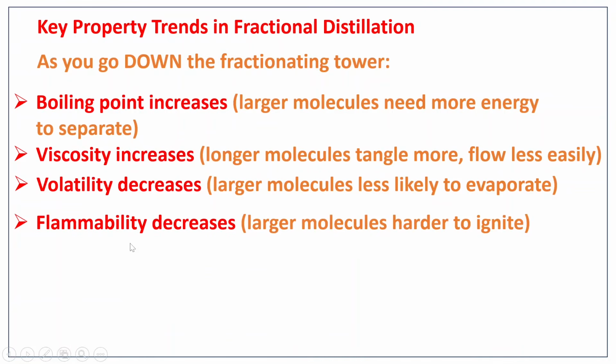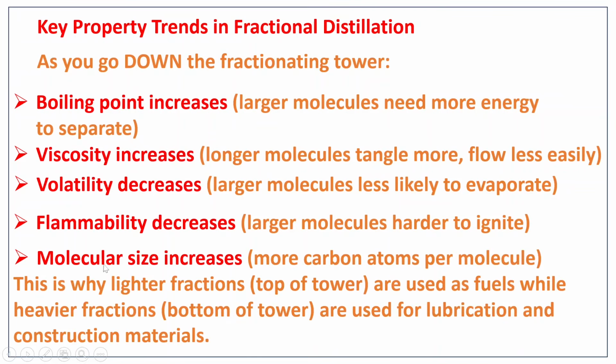Then flammability decreases as well as you go down, meaning that larger molecules are harder to ignite. Okay, then molecular size increases, meaning the size of the molecule increases down the fractions. More carbon atoms per molecule.